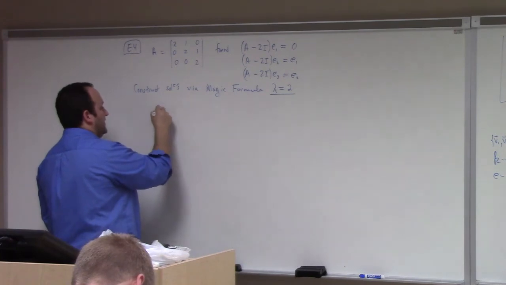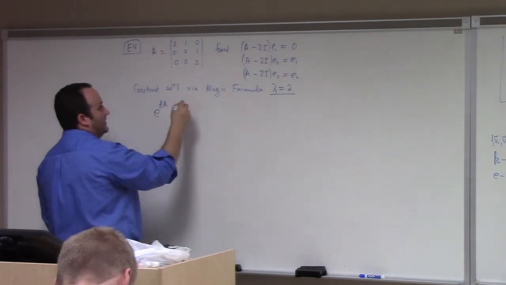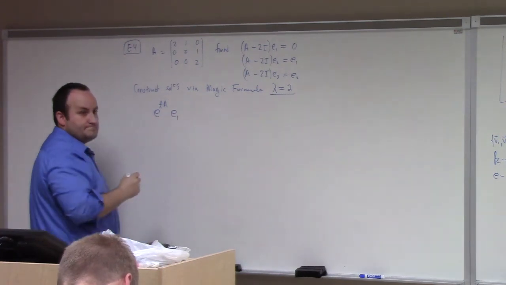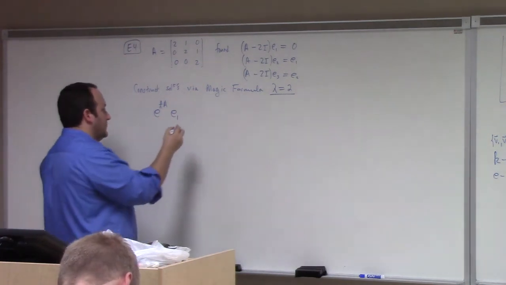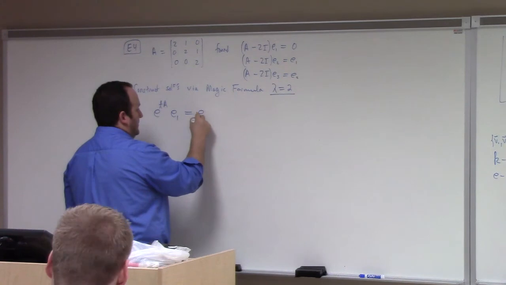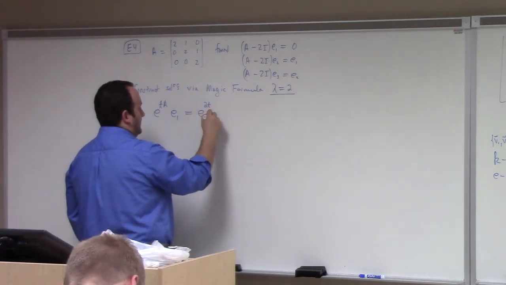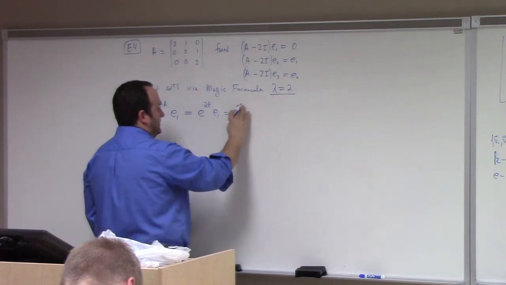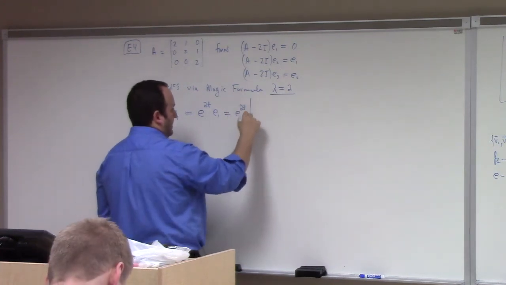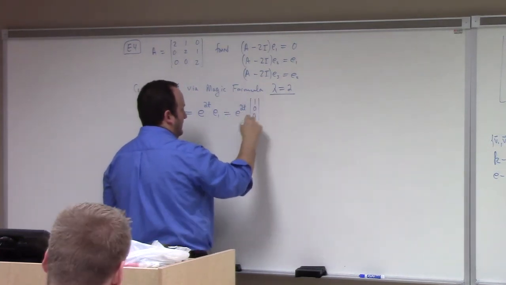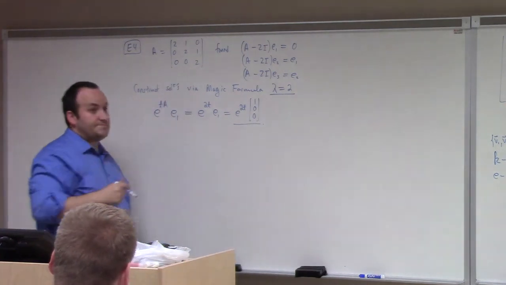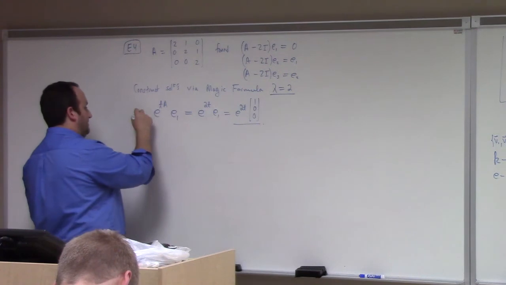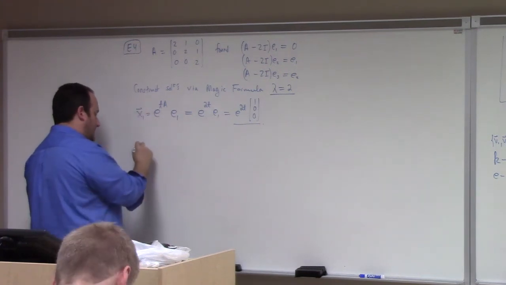So we take e to the tA times e1, and that's going to work out to e to the 2t times e1, or if you like, e to the 2t times (1, 0, 0). So there's one of my solutions to this problem. Say that's x1.